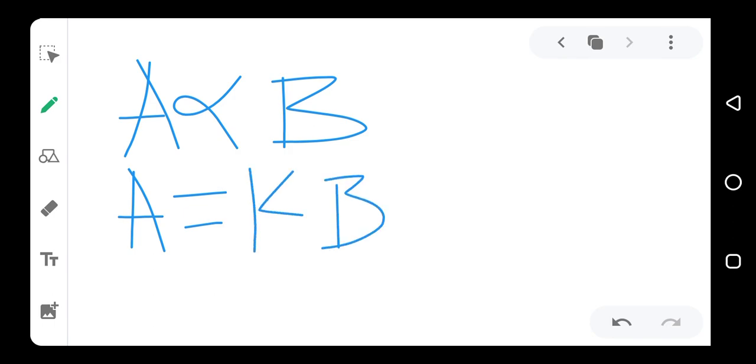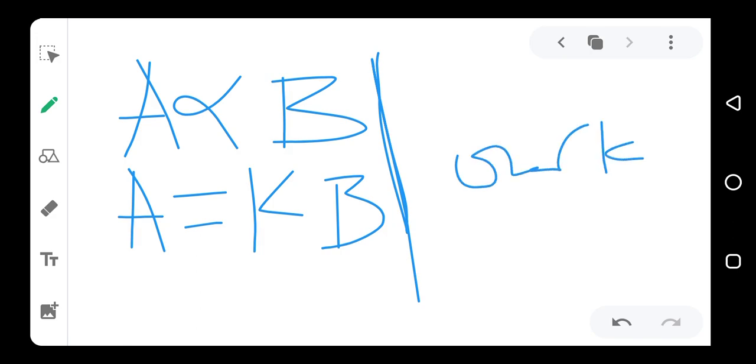And then we say that where K is equal to constant, we must state this formula like this. We must state everything, that where K is equal to constant, especially if this is a theory question. You must state it this way. Each step you take will give you a mark.